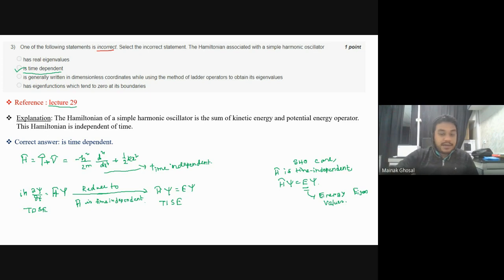Next, the third statement I have explained: it is generally written in dimensionless coordinates while using the method of ladder operators to obtain its eigenvalues. So how is this Hamiltonian related to the ladder operator?